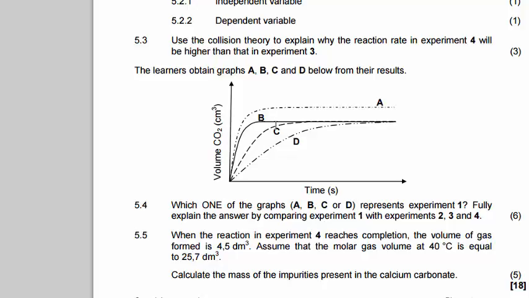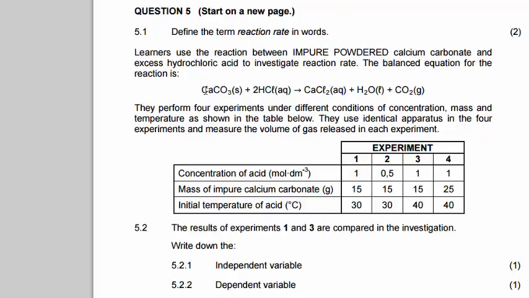Then I can use that together with the ratios here to find out what was the ratio of calcium carbonate that was used. Okay, because for every 1 mole of carbon dioxide, I will use 1 mole of calcium carbonate.